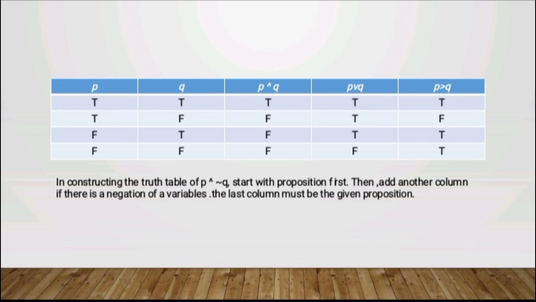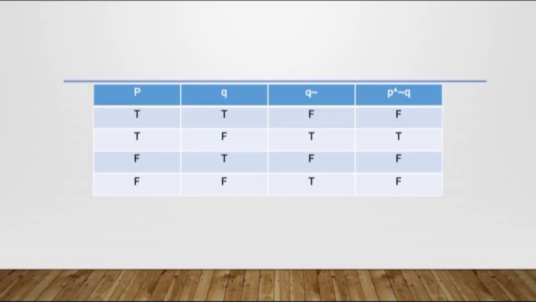The last column must be the given proposition. In the third table, P is false, Q is false, not Q is true, and P and not Q is false.